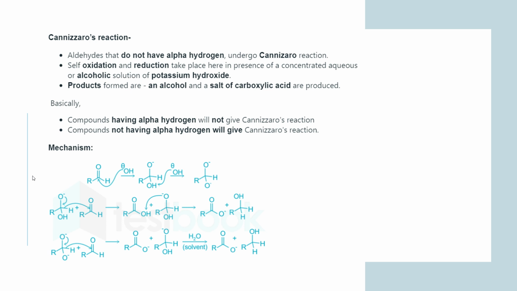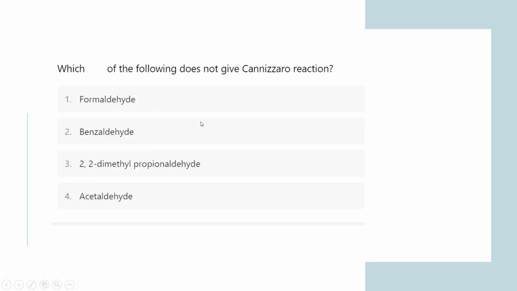No, compounds having alpha hydrogen do not give you Cannizzaro reaction. Okay, so in this question, if you ask which of the following does not give Cannizzaro reaction, it will be the one of these four options which is containing the alpha proton.